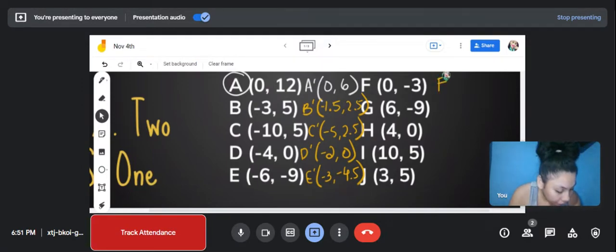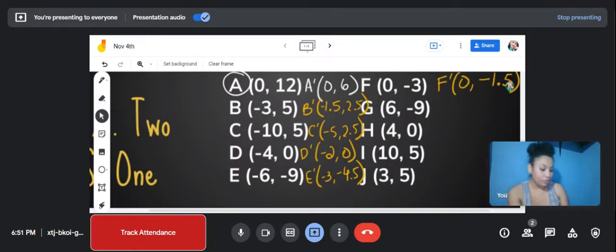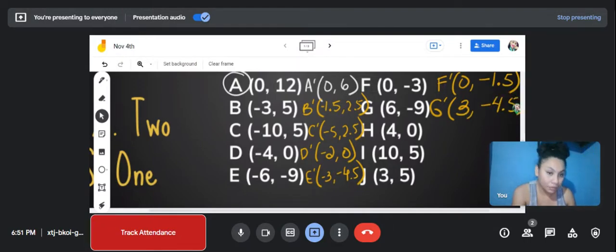F1, 0 times a half gives me 0, and negative 3 times a half gives me negative 1.5. G1, 6 times a half gives me 3, and negative 9 times a half gives me negative 4.5.